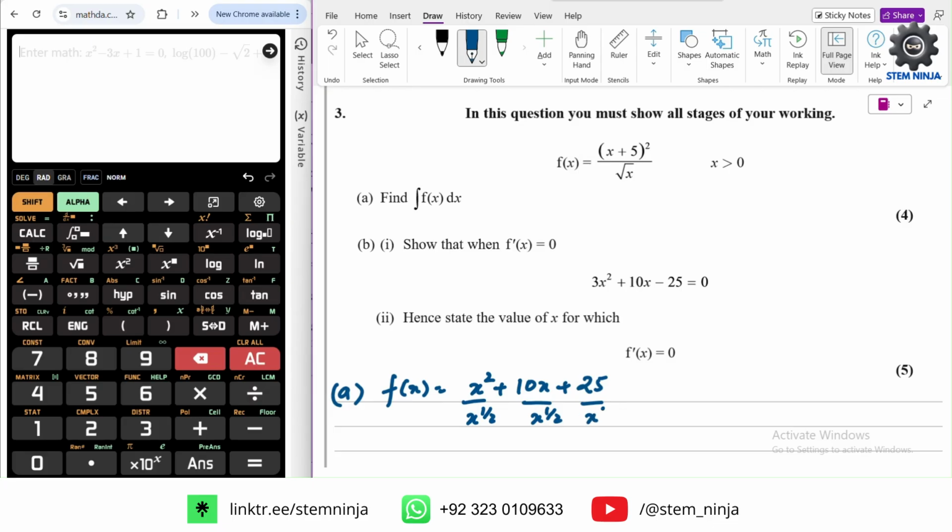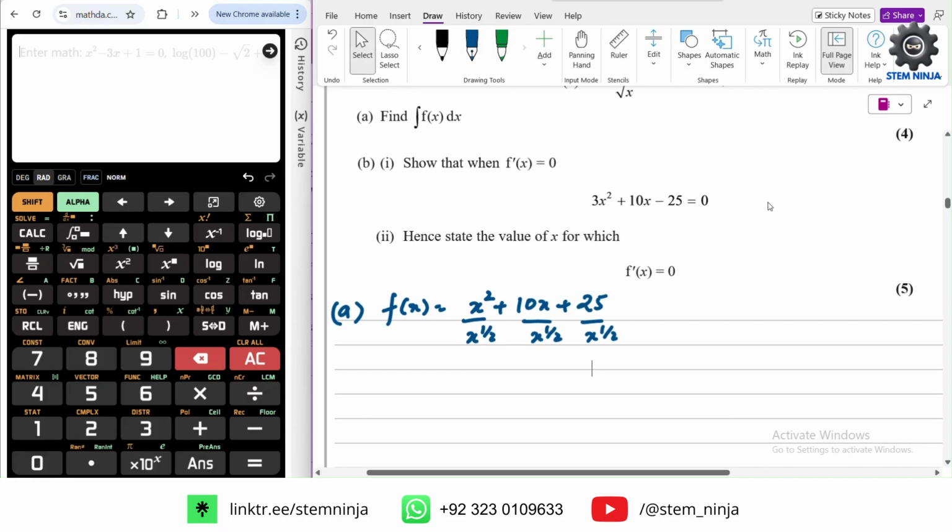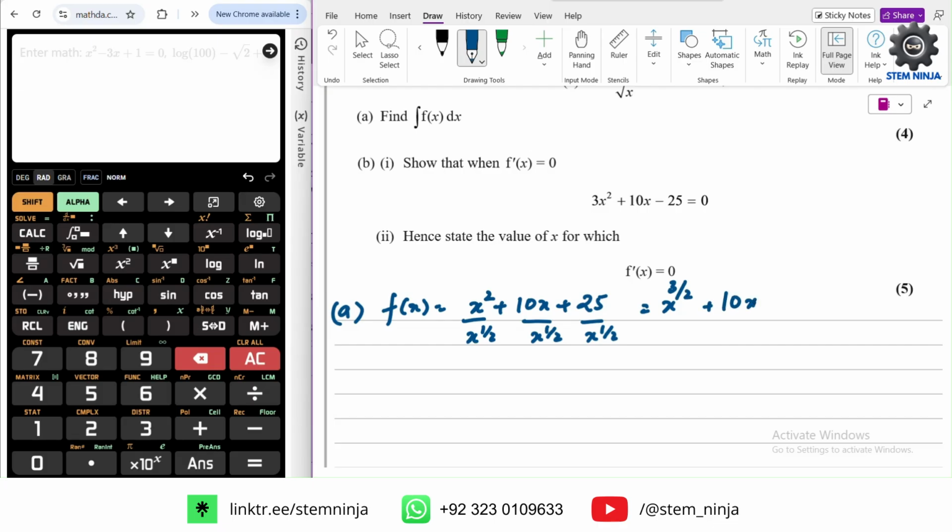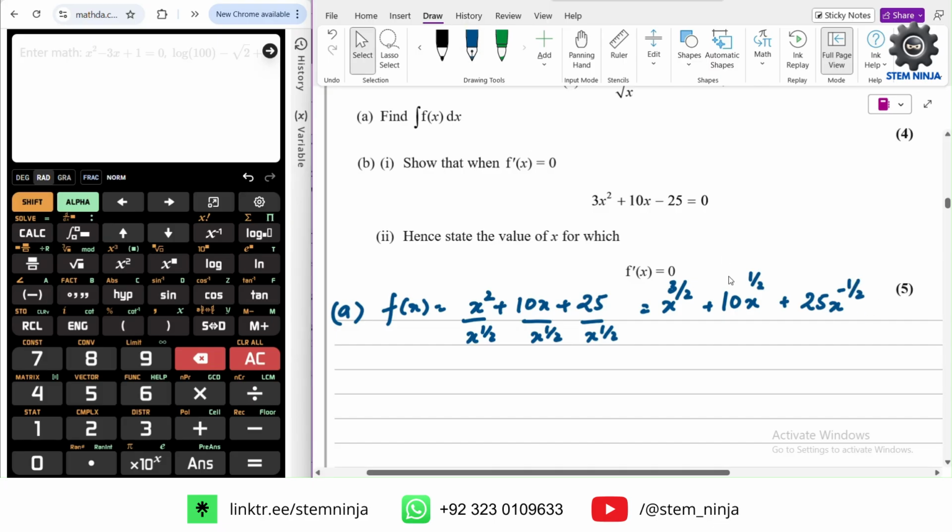Since we are familiar with how to work with indices, this would become x to the 3 over 2, plus 10x to the 1 over 2, plus 25x to the minus 1 over 2. Now we need the integral.